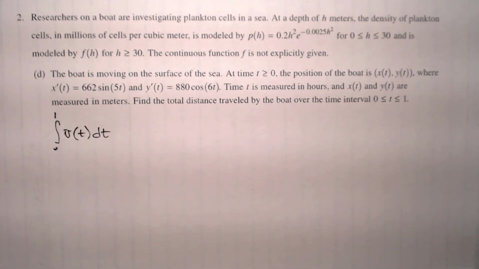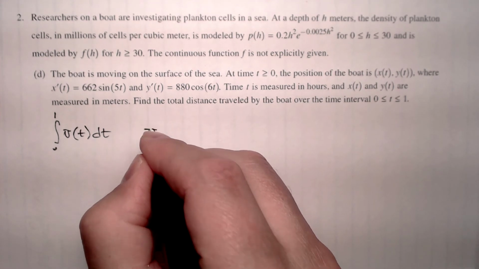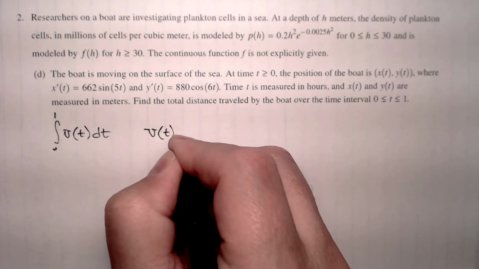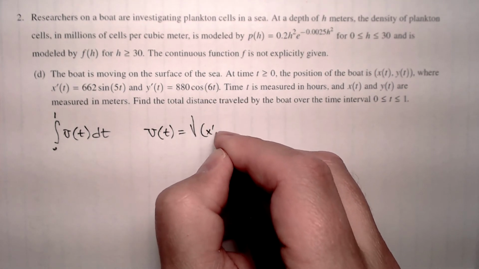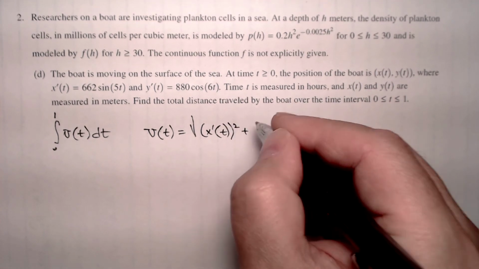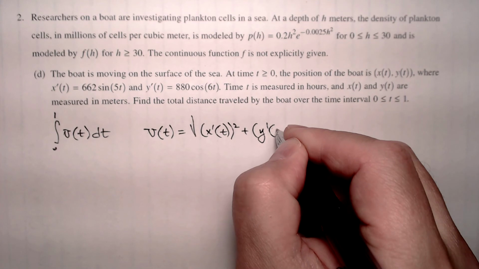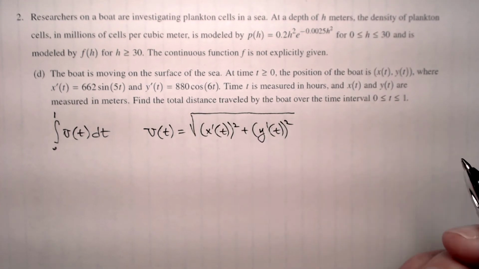And so what is this velocity of the board? It's just v of t equal to the square root of x prime of t squared plus y prime of t squared. And why is that?